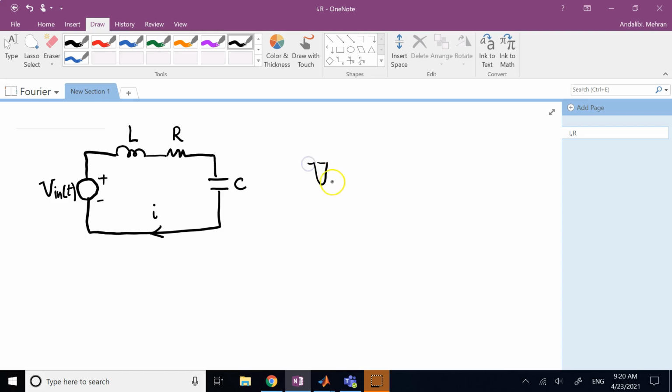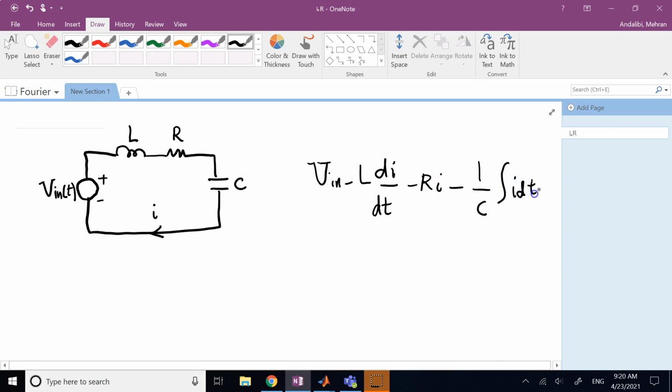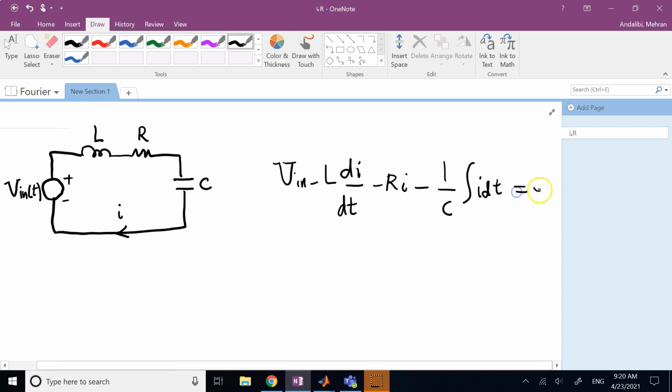Based on Kirchhoff's voltage law, or you can write it as V in minus L di over dt, then minus R times I, and here assuming that the elements are linear, minus 1 over C integral of I dt, correct? This whole thing is equal to 0.